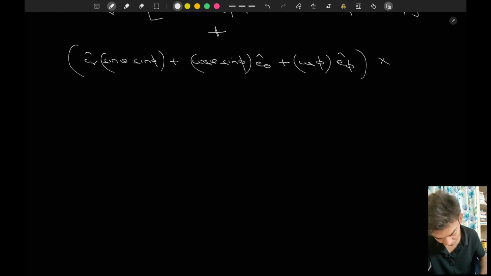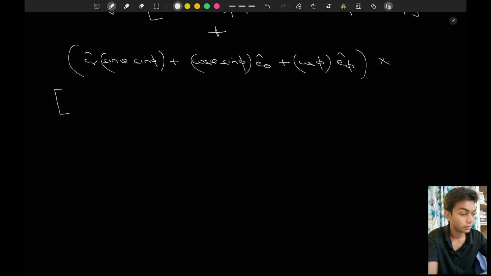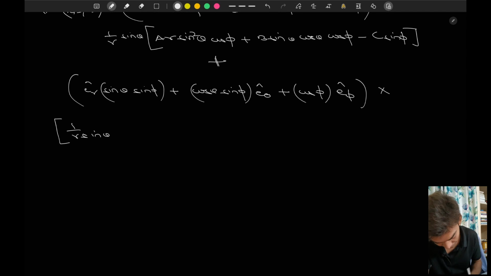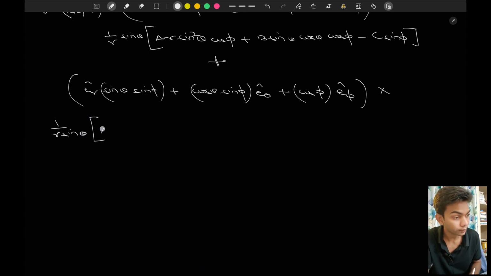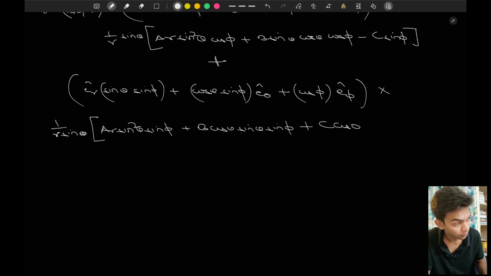So df by dy is this one, multiplied by 1 over r sin theta, times a r sin square theta sin phi plus b cos theta sin phi minus c plus cos phi.